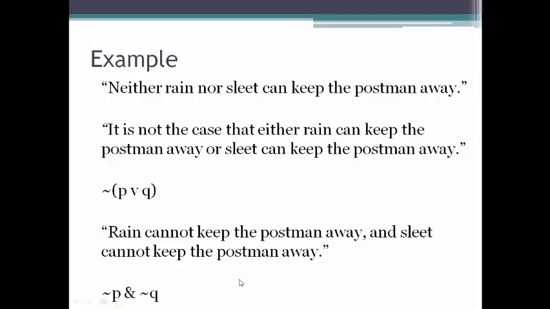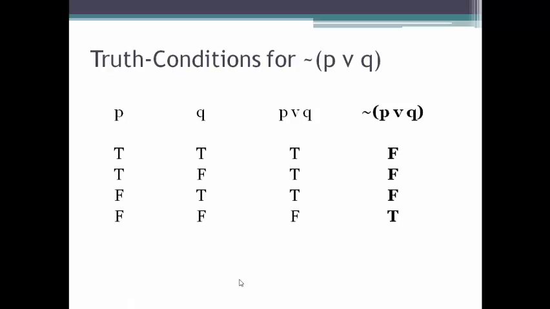What's going on here? Well, let's take a look at the truth tables for both of these sentence forms. Here we've got the truth conditions for not P or Q. We start by looking at the different ways in which P and Q can be true and false. And then, like we did with disjunction, we see that when we put, say, P or Q, this is false in all circumstances except the one in which both of these are false.